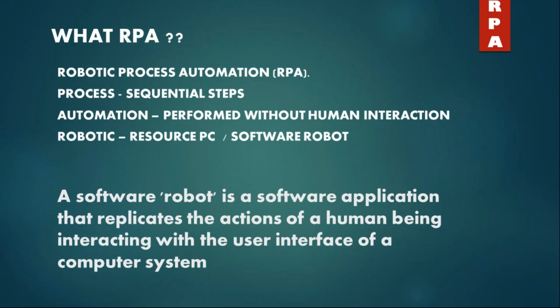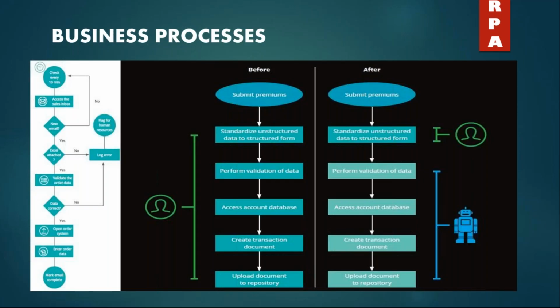Here we are automating the business process. So what is a business process? A business process means before automation and after automation. Let me explain a simple example.